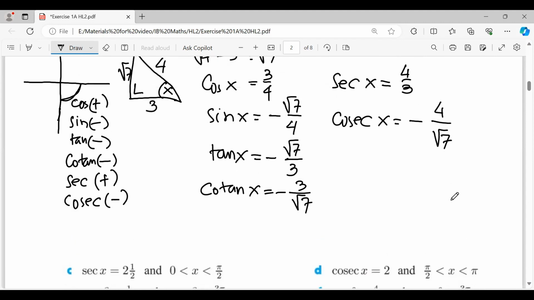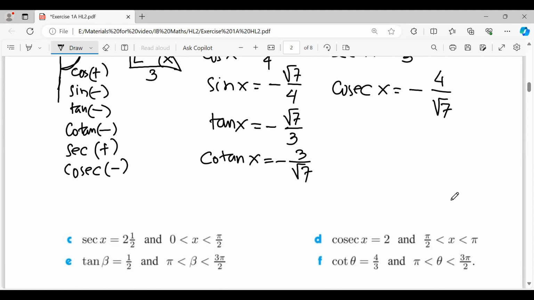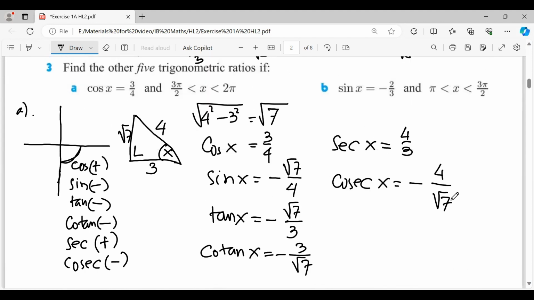Apparently I need more space. Okay, B. Sine x equals negative 2/3.